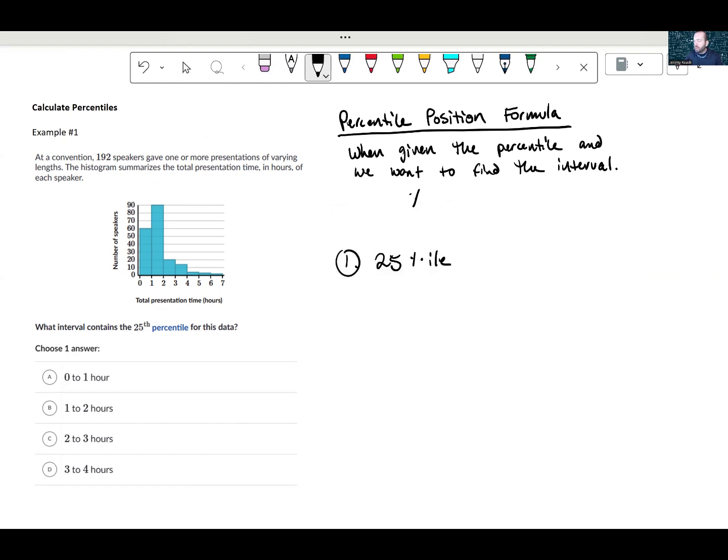The percentile position formula is just the percent as a decimal times n.